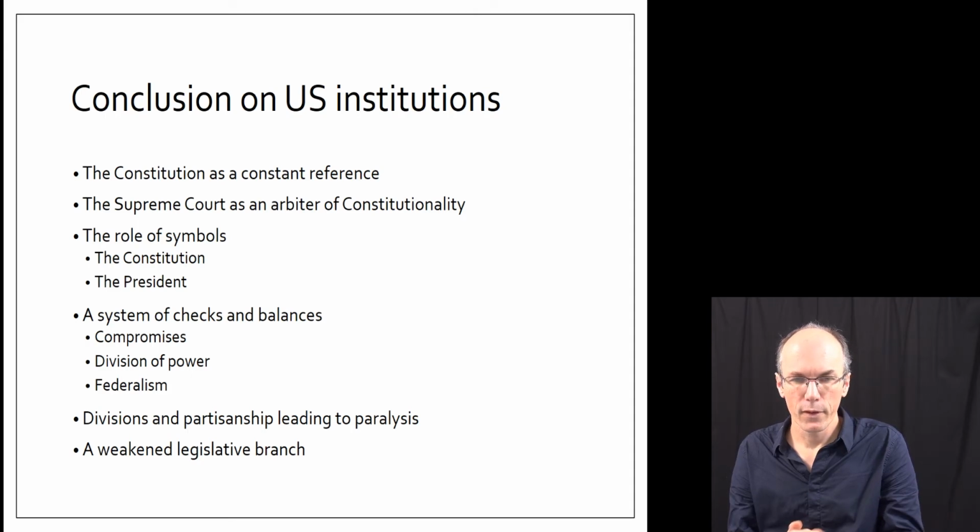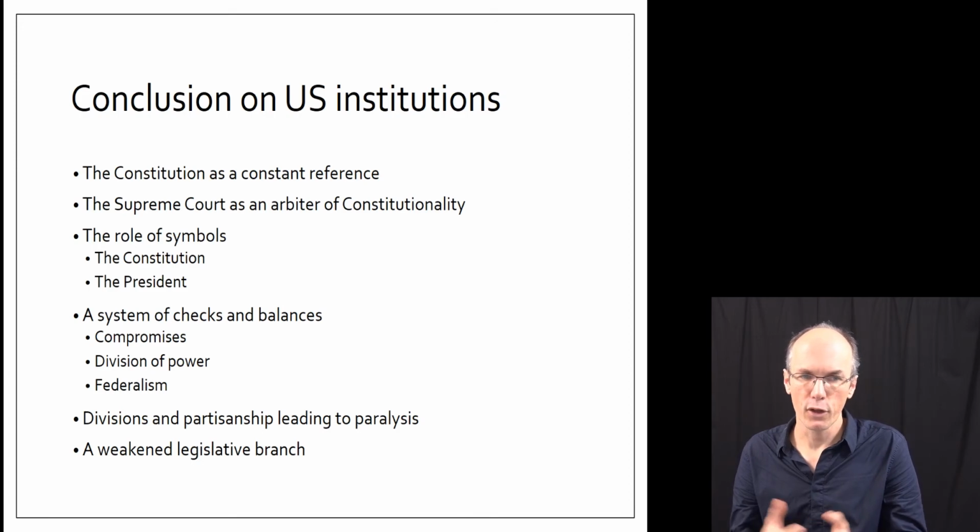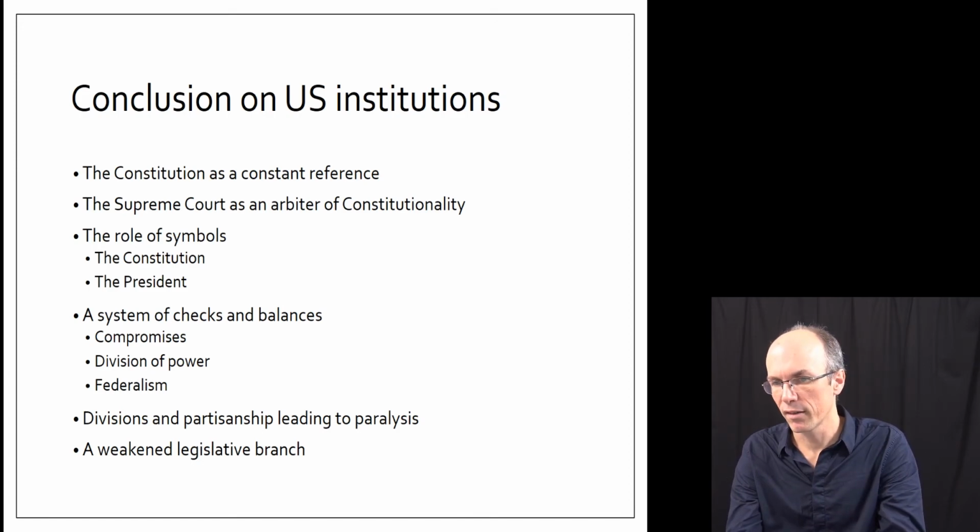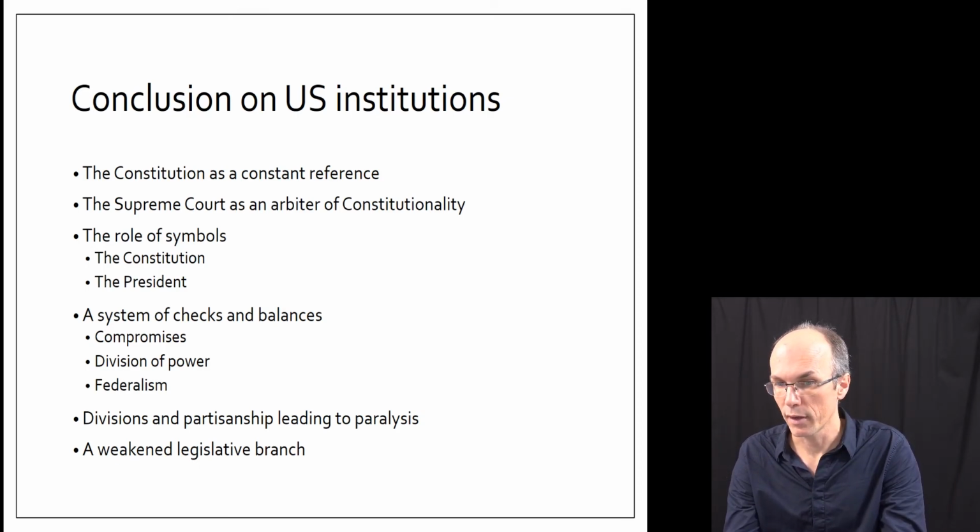And to conclude, but of course this can evolve, the current situation suggests that this system of checks and balances has reached its limits because none of the two parties is willing to compromise.